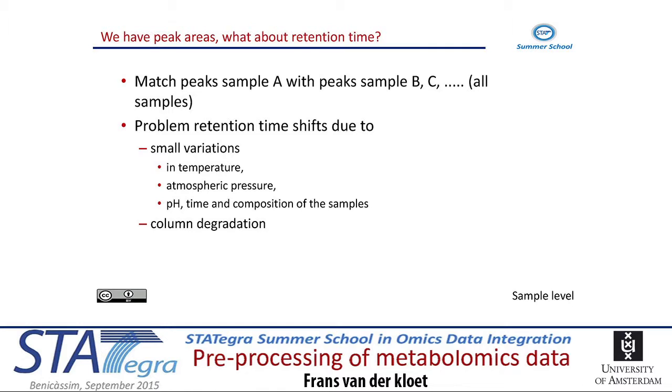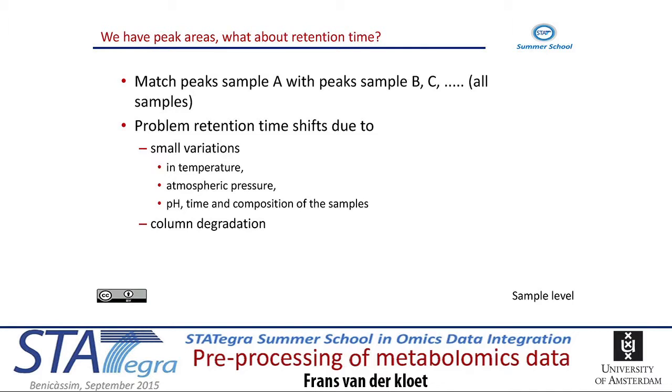And also, we have peak areas. So if you think that this is the only thing, now we have the peak areas, but like I said, there's also retention time. So at a specific retention time, we have a specific mass which elutes from the column, and from sample to sample, we have small variations, and they can be really stupid, like the temperature in the laboratory.